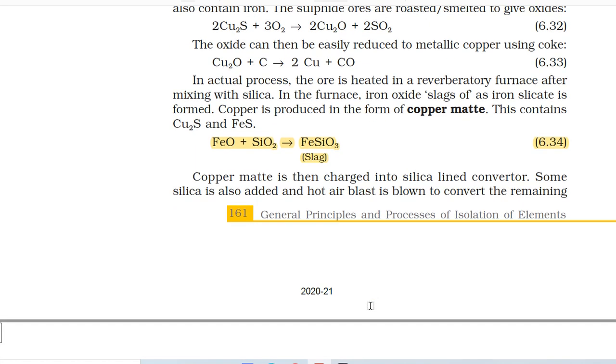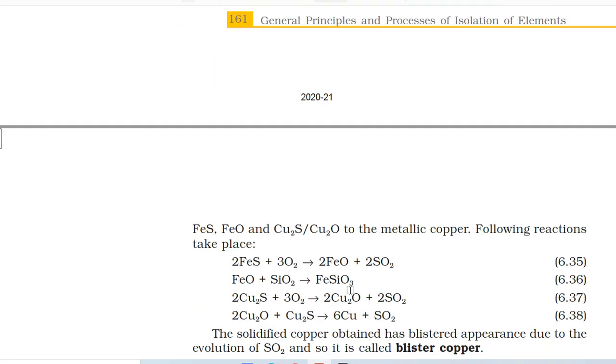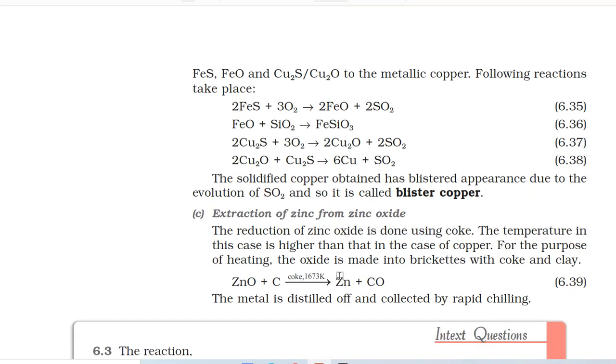Copper matte is then charged into a silica-lined converter. Some silica is also added and a hot air blast is blown to convert the remaining FeS, FeO and Cu2S or Cu2O to metallic copper. The following reactions take place: 2FeS plus 3O2 gives 2FeO plus 2SO2.